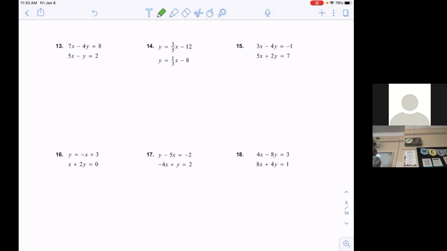So I'm going to take this equation. I know I need to end up with a positive y, so I'm going to add y to the other side. So we have 5x equals y plus 2.